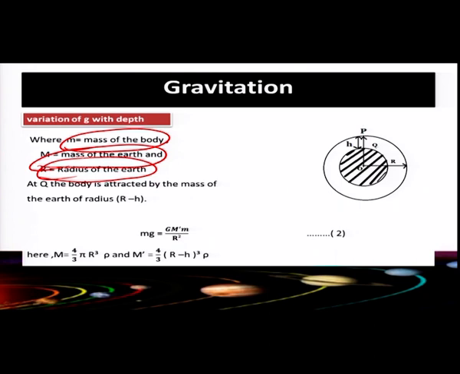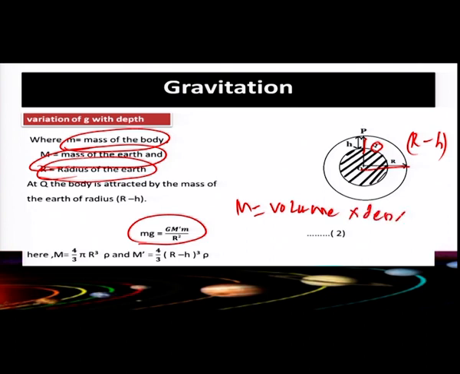Now at this point Q, what happened? The body is attracted by the mass of the earth of radius r minus h. Therefore, mg dash is equal to G M dash m by r minus h the whole squared, and since mass is equal to volume into density, we can write it accordingly.